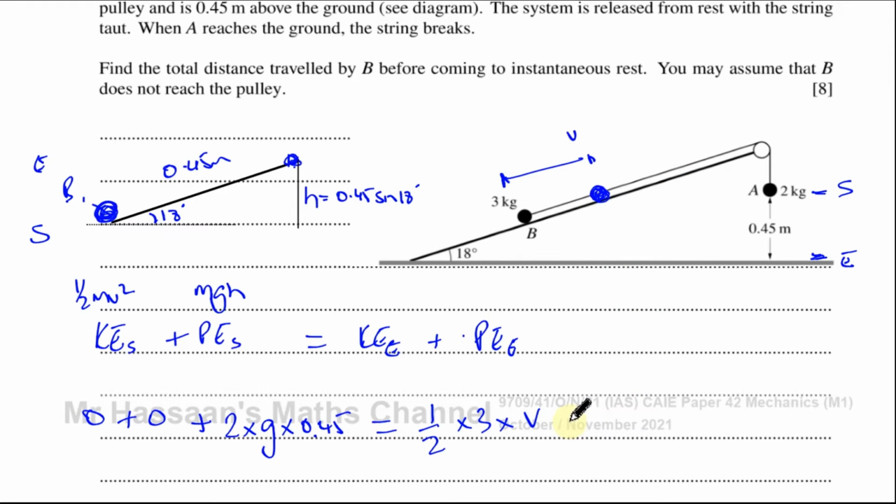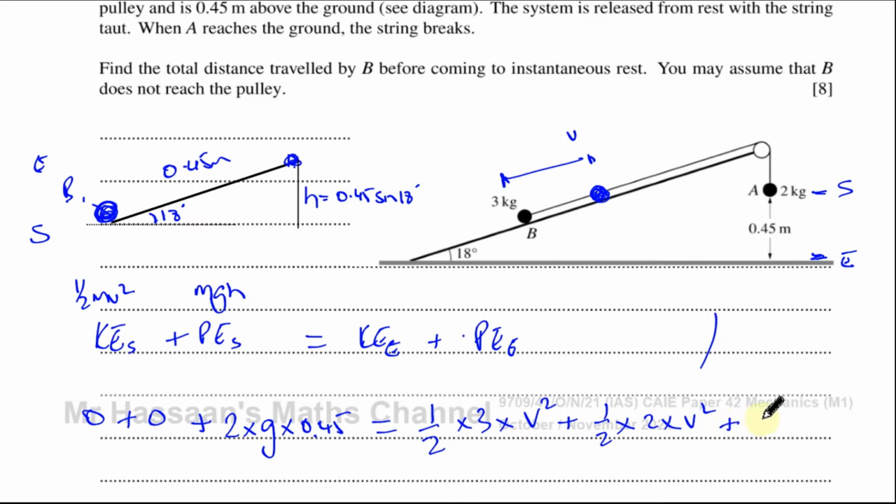And you're going to add to that the kinetic energy of particle A, which is half mv squared: half times 3 times v squared, plus a half times 2 times v squared. That is the total kinetic energy of both of the particles at the end of this journey.